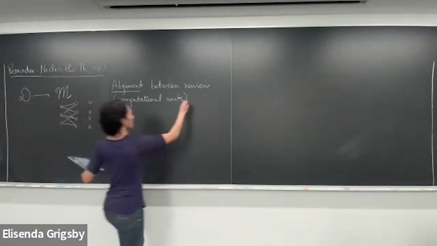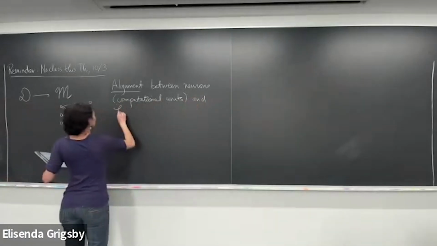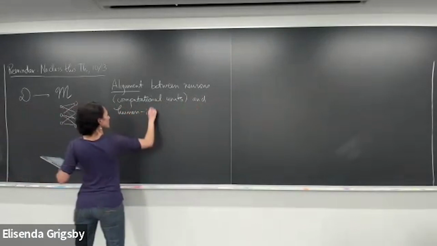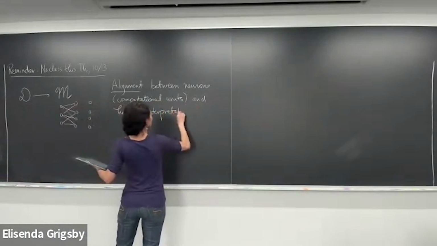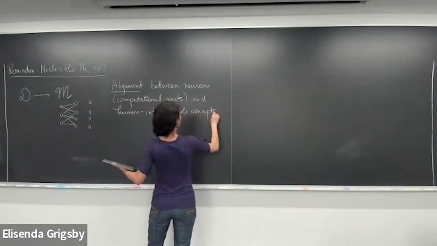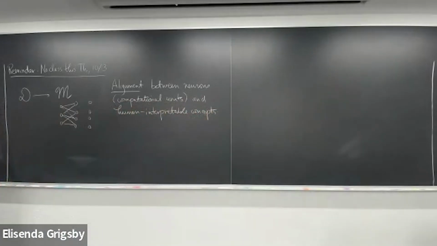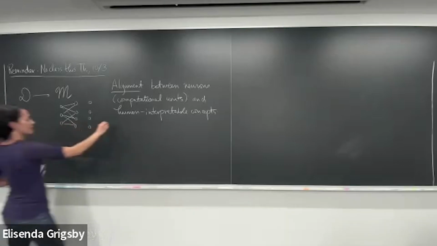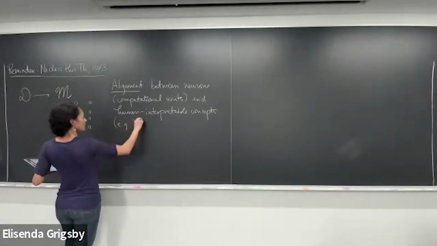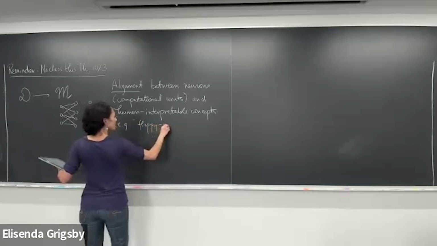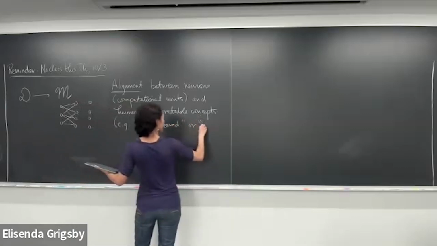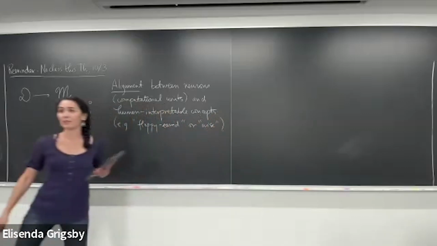And concepts, human interpretable concepts. When I say human interpretable concept, I mean exactly what you're probably thinking: some idea that humans recognize as a distinct idea. Some examples might be floppy-haired or wise. I don't know, just some human interpretable concept.